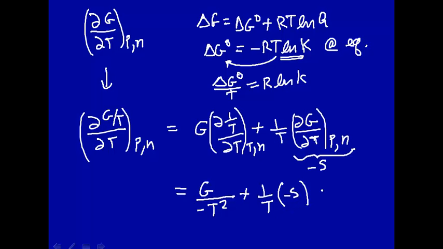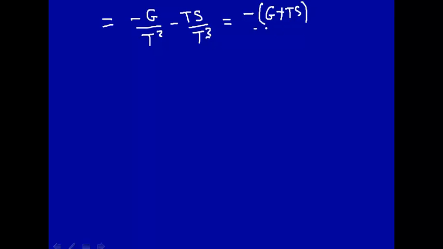Now let's collect terms, so we want a T squared there. Multiply this by T over T, which is 1, so we can always do that, and we get TS over T squared. So by those manipulations we end up with minus G over T squared minus TS over T squared, which is minus G plus TS over T squared.